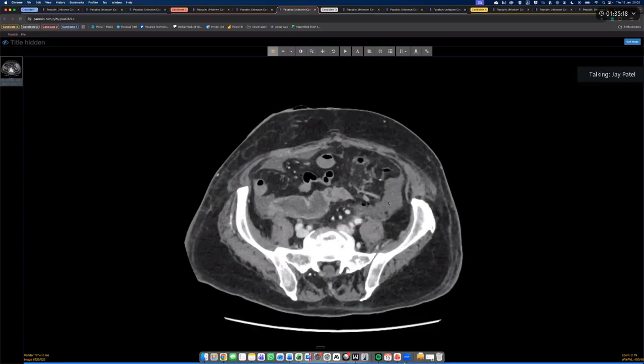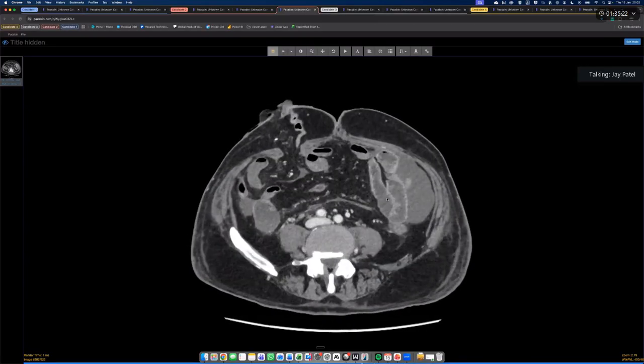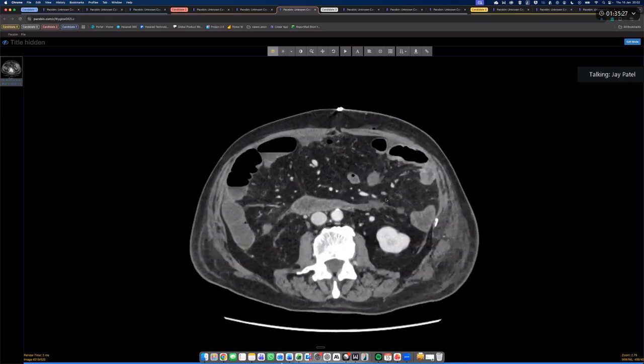But actually, where's the colon gone? If you remember the history, I said day 6 post-laparotomy for an acute colitis. Off the top of your head, do you know what surgery they'll do for an acute colitis? They typically do a subtotal colectomy.